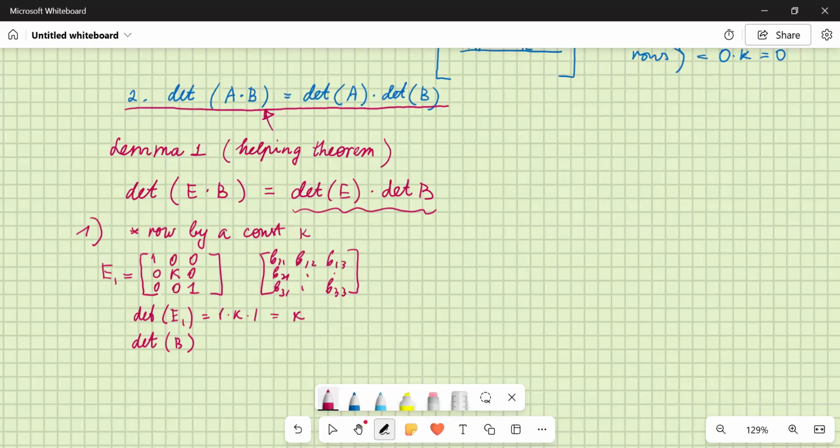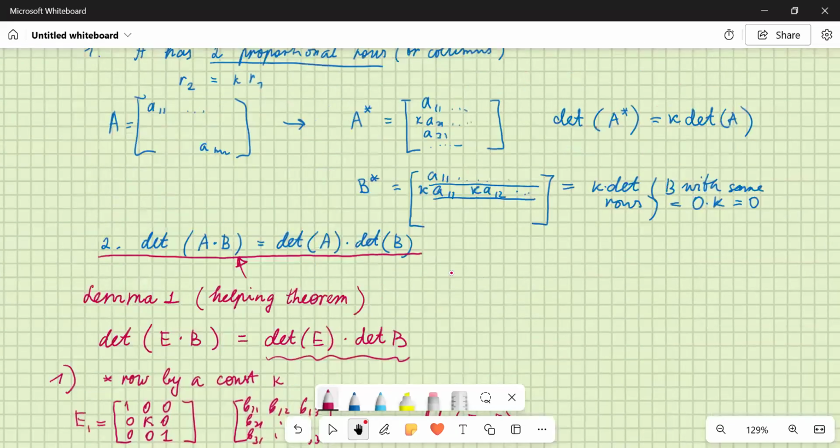We remember that multiplying a matrix by an elementary matrix is going to perform the operation which was done on the elementary matrix. So the determinant of E1B is going to be the determinant of the matrix where you multiplied one row by k. Let me go back. What is going to happen?